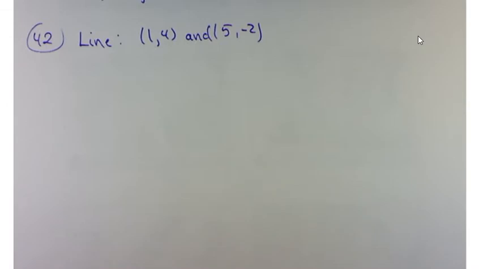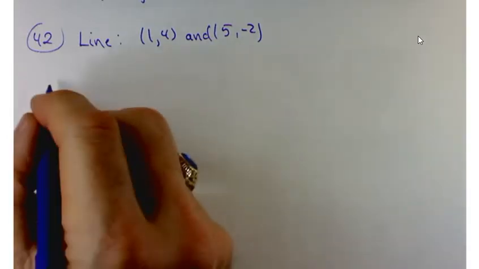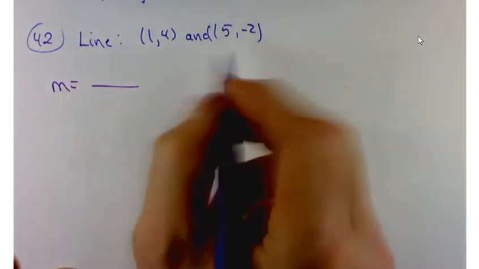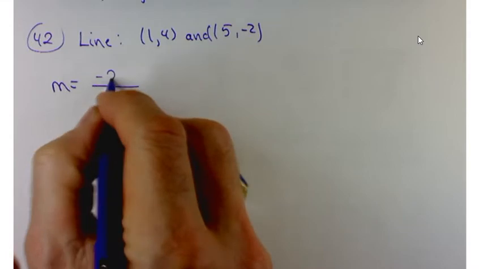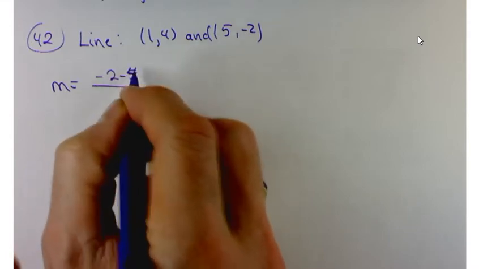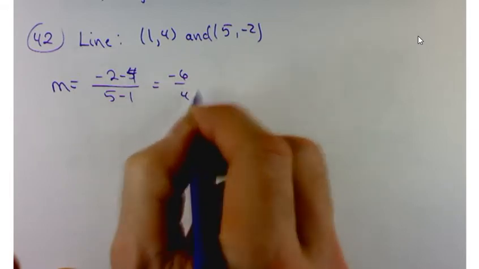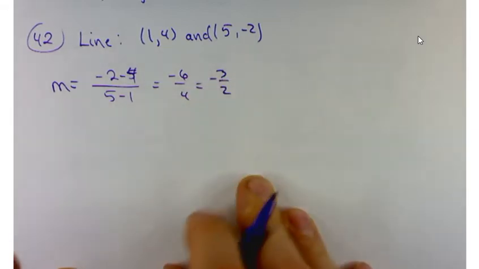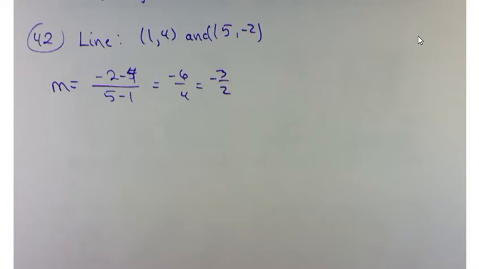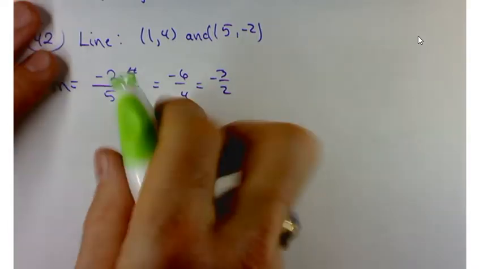Let's start out by just finding a regular old line in x and y. So this is basically an algebra problem at this point. We'll get the slope. So negative 2 minus 4 over 5 minus 1 gives me negative 6 over 4, which is negative 3/2. Nothing too exciting here.